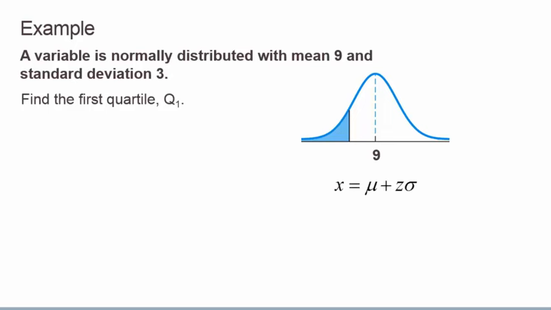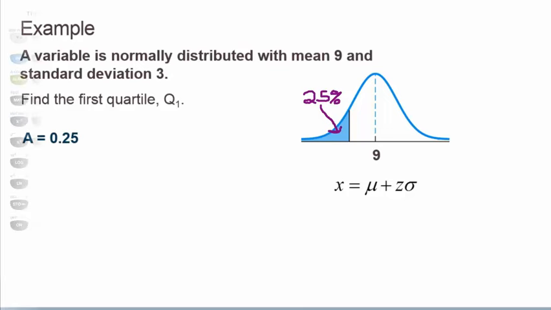Our formula is x equals the mean plus z times the standard deviation. We need z in order to use our formula. Finding the first quartile means we have an area of 25% because that's a quarter of our data. 25% is an area of 0.25.